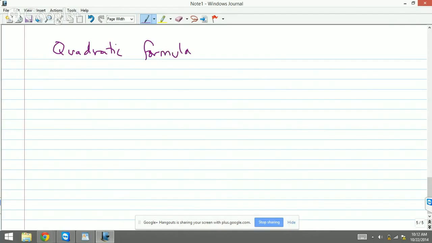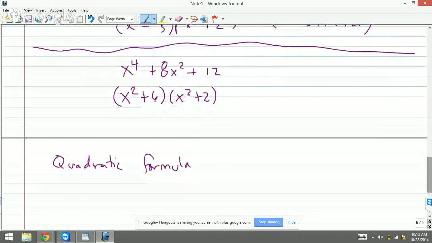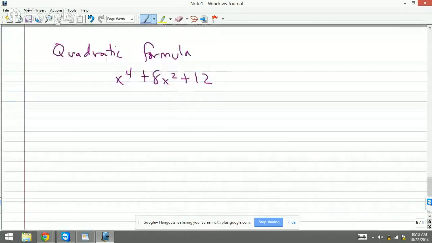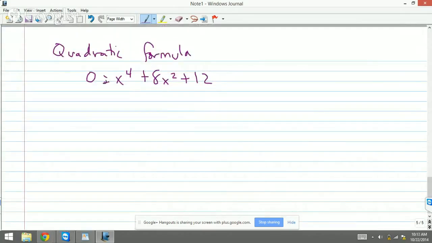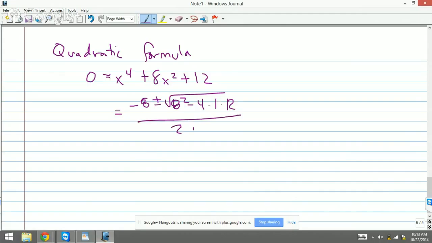The last thing you can do is use the quadratic formula on some of these. We know what A, B, and C are, so we can plug those in. The question is, this is not a quadratic, so it's not x equals.